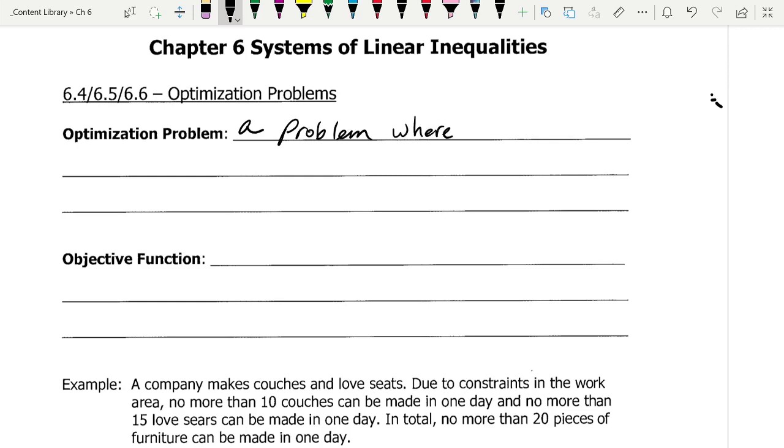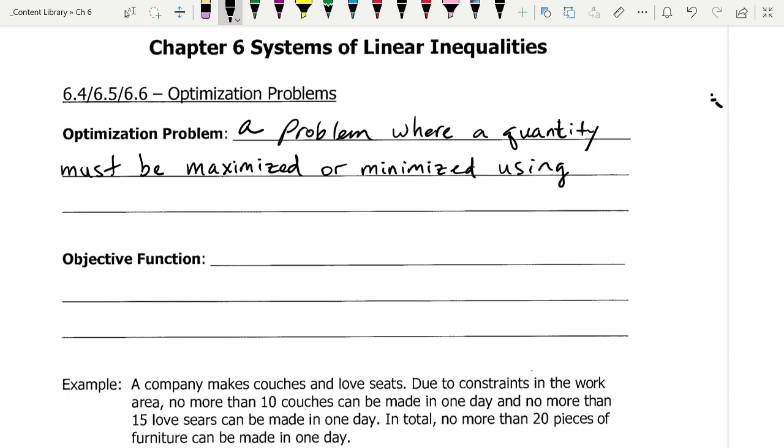A problem where a quantity, that means an amount that you're counting or measuring, must be maximized, which means made as big as possible, or minimized, which means made as small as possible, using a system of inequalities.